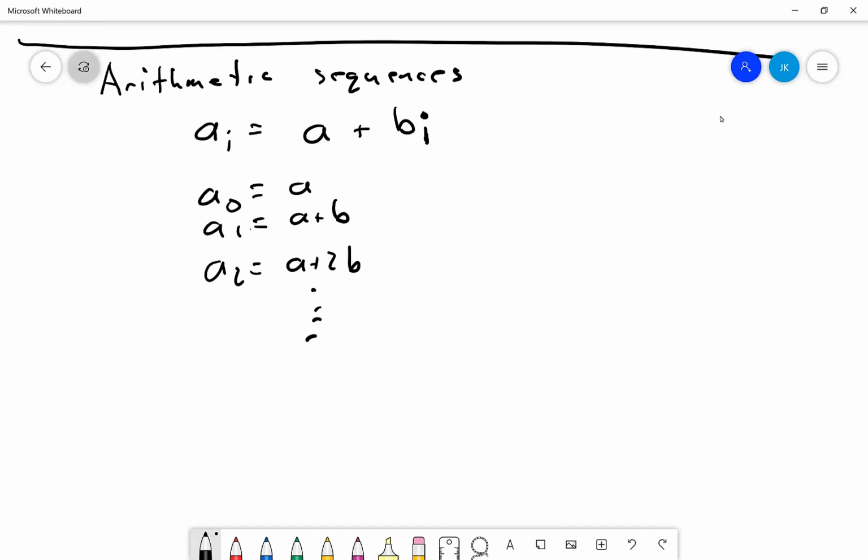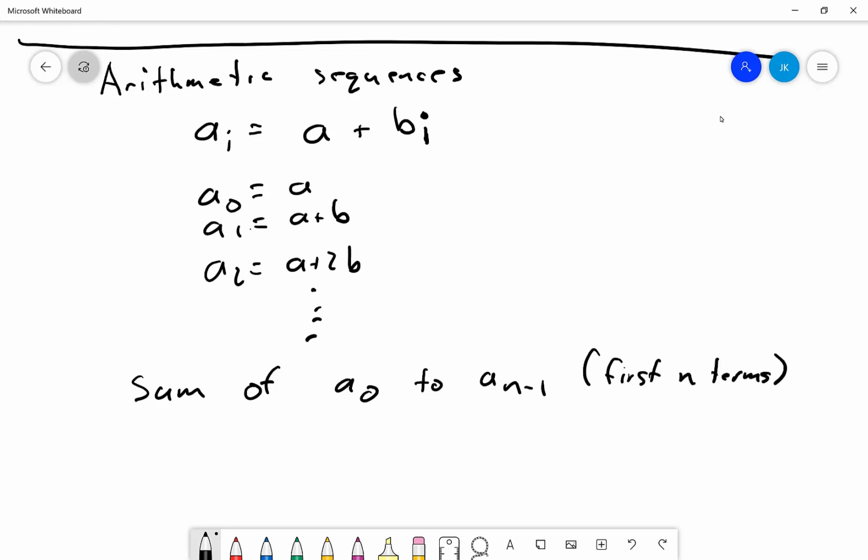Okay, and so if we were to take the sum of a0 to a n minus 1, so these are the first n terms, this would be the value n times a1 plus an over 2.